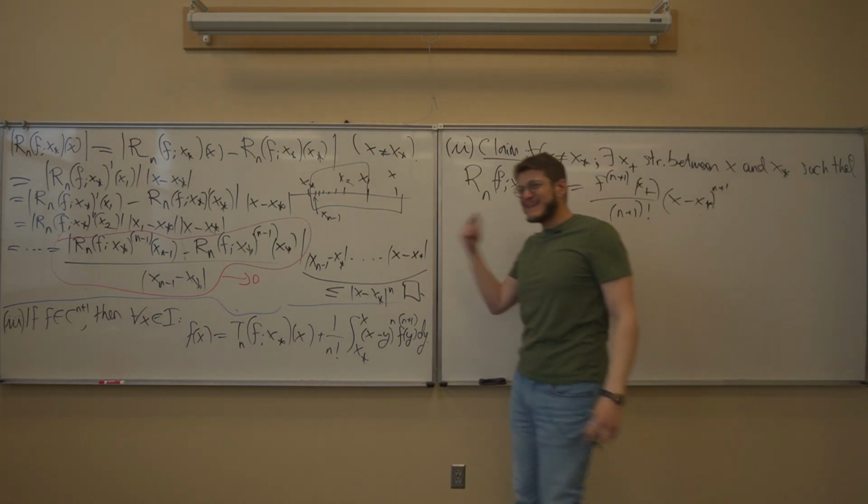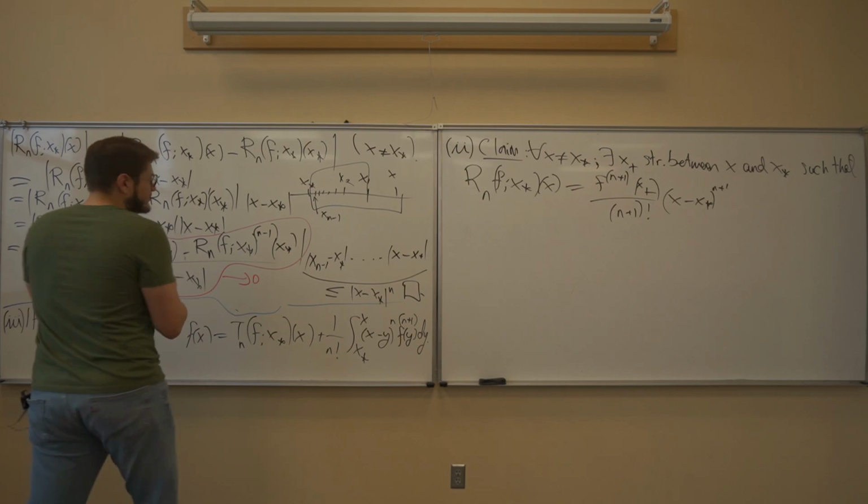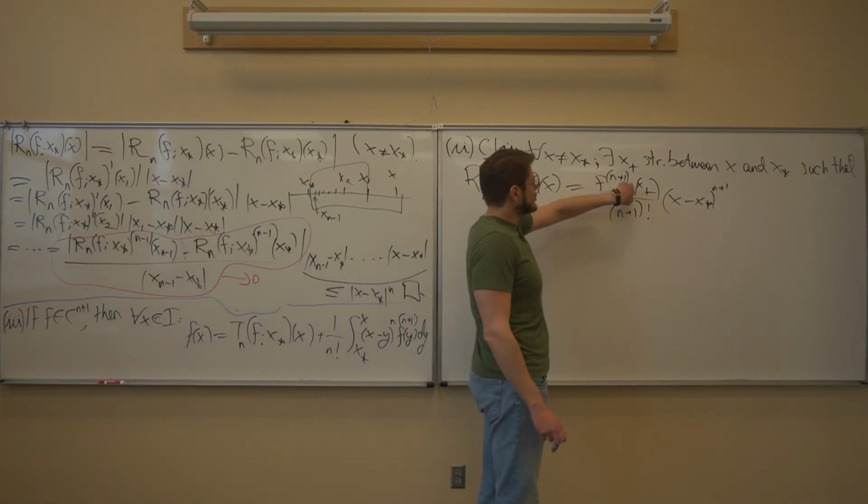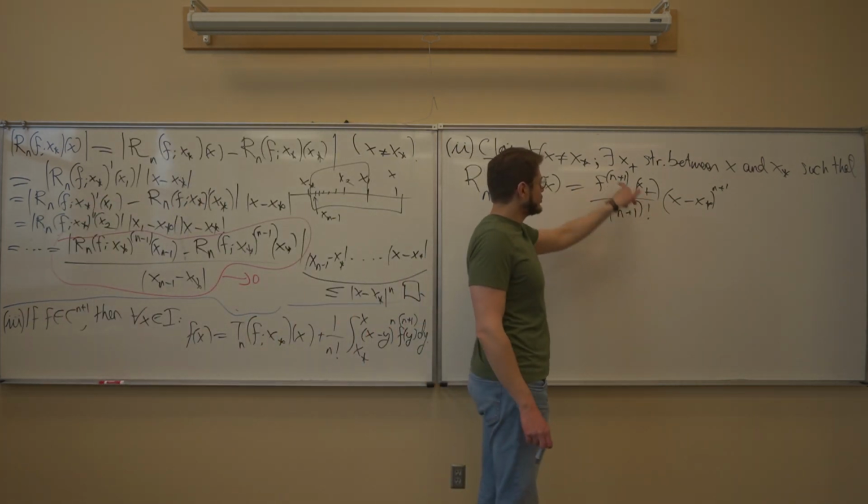So it's almost like the next term in the Taylor polynomial, except that you're evaluating the appropriate derivative at the wrong point.